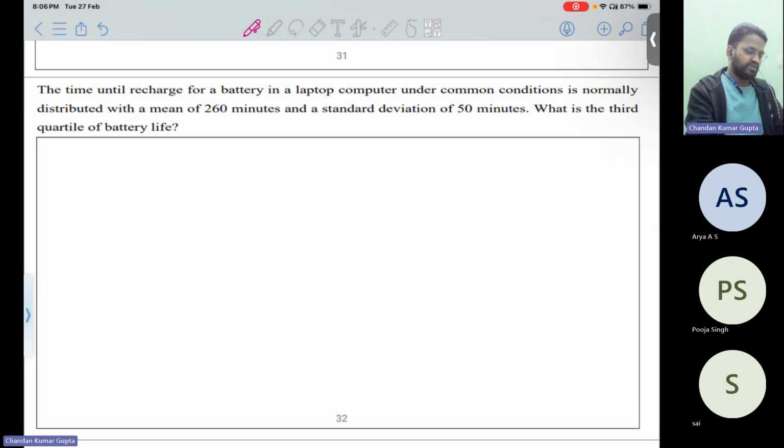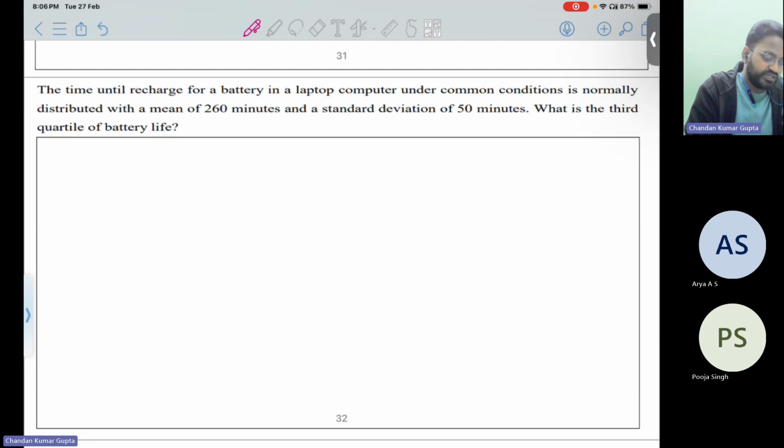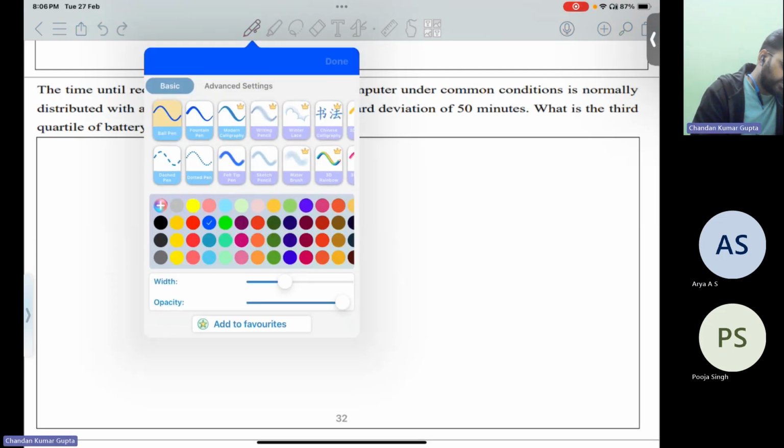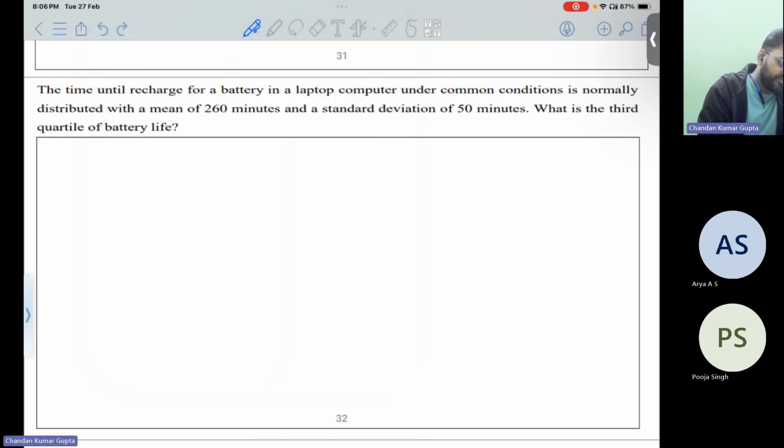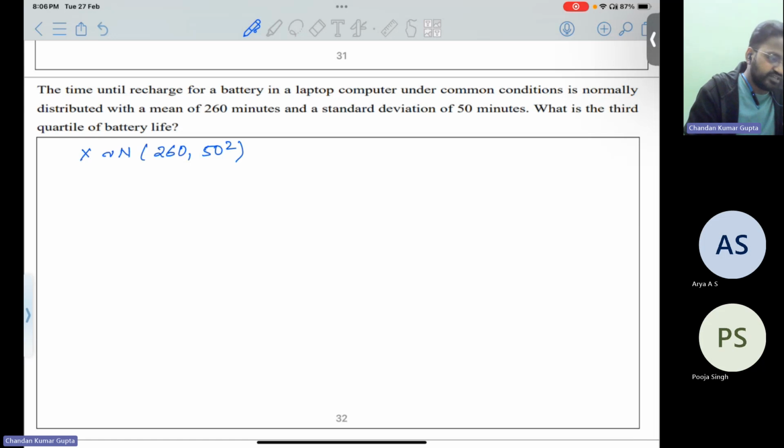The time until recharge for a battery in a laptop computer under common condition is normally distributed, that is, x follows a normal distribution with mean 260 minutes and standard deviation 50, that is, 50 squared is the variance. What is the third quartile?